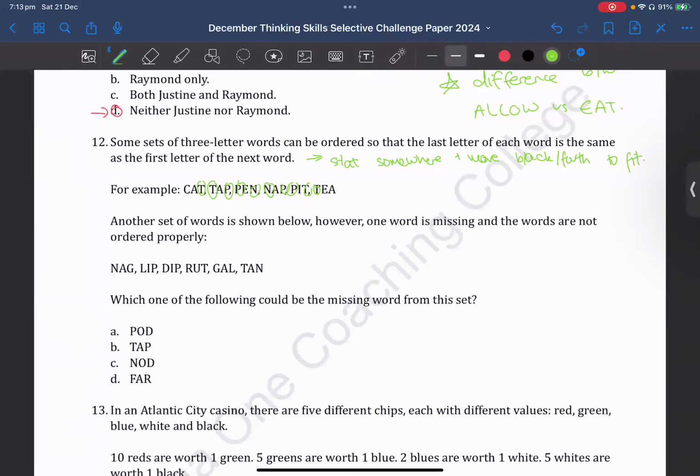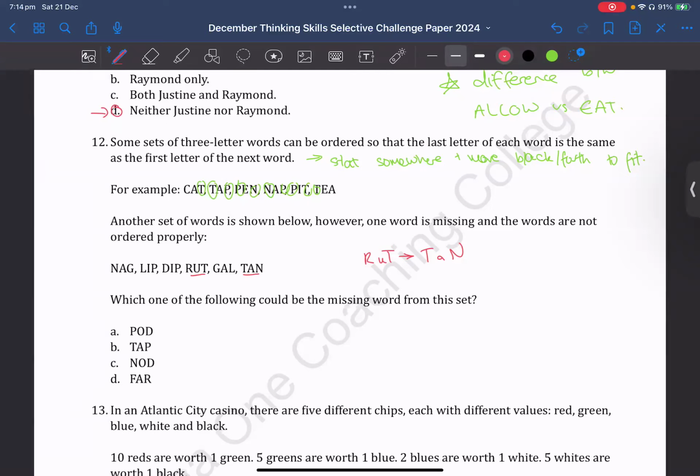So here, I'm just going to pick a random word. I see rut and tan, the first words I found. Rut, tan. And I like to capitalize these words just so I know that I'm not forgetting that it's the connecting letter.